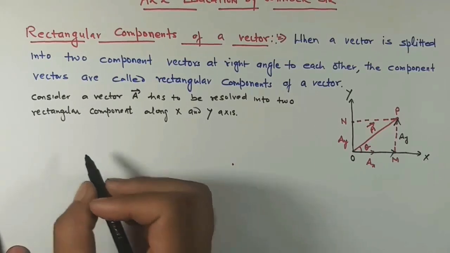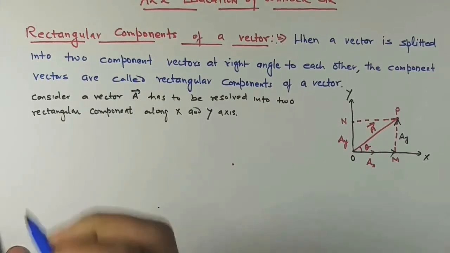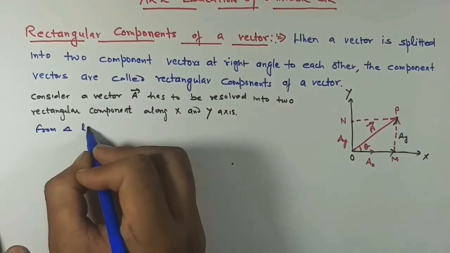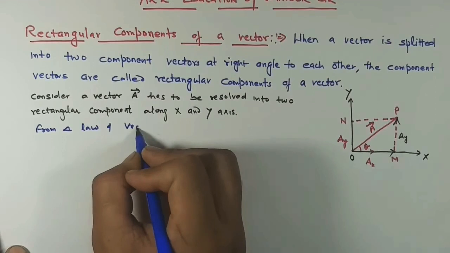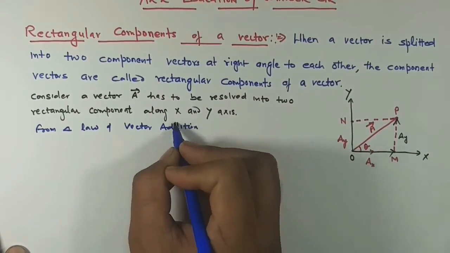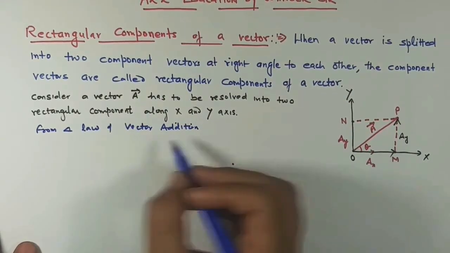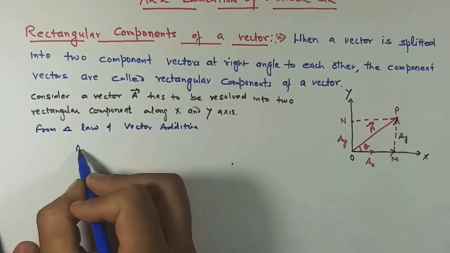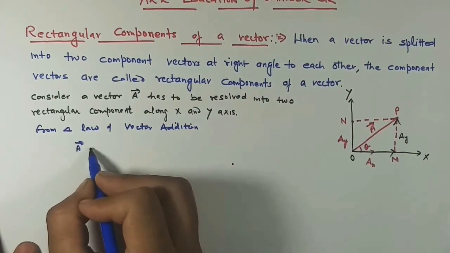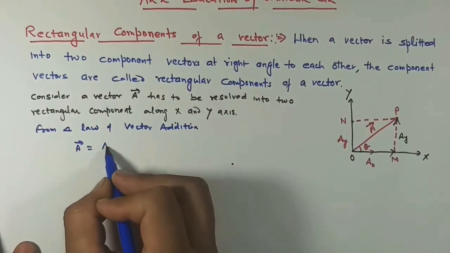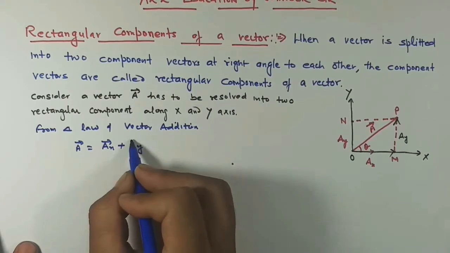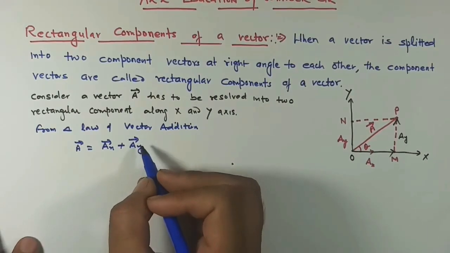तो फ्रॉम ट्राइंगल लॉ of vector addition, we will have resultant as we know R. This is equal to A, vector A is equal to vector AX plus vector AY.